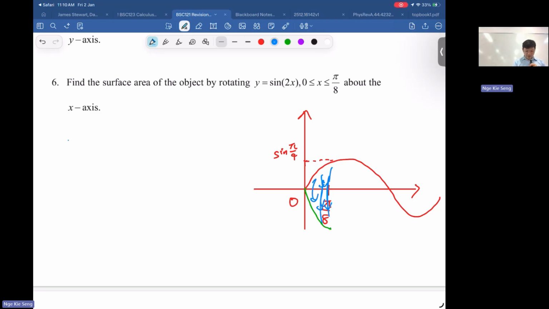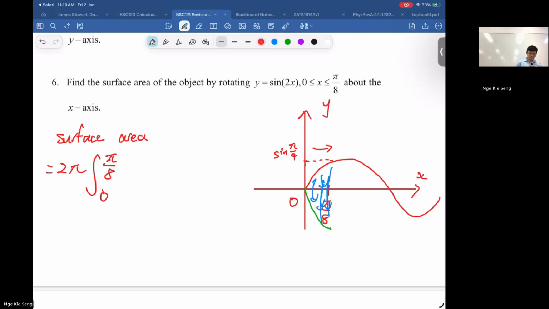Let's write it down again. So the surface area equals 2 pi integral. So here we integrate along the x-axis from 0 to pi over 8. Then your y is sine 2x.